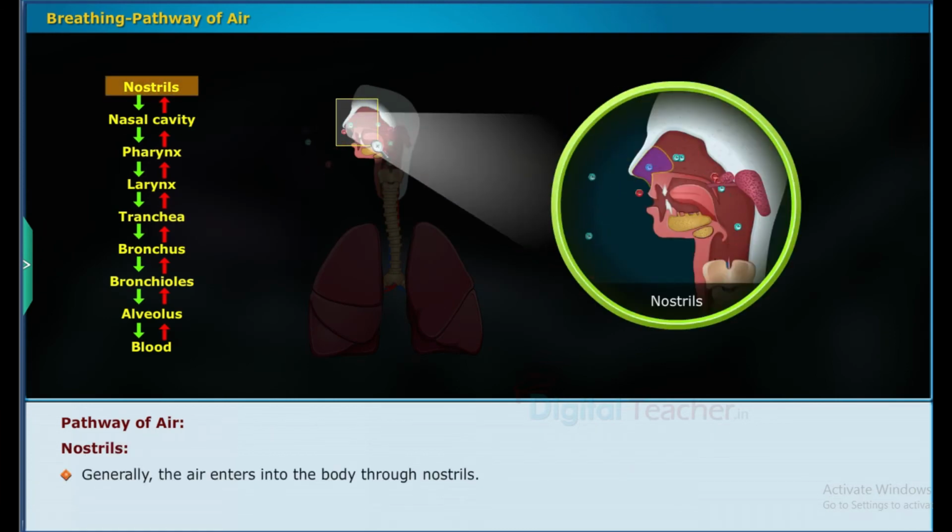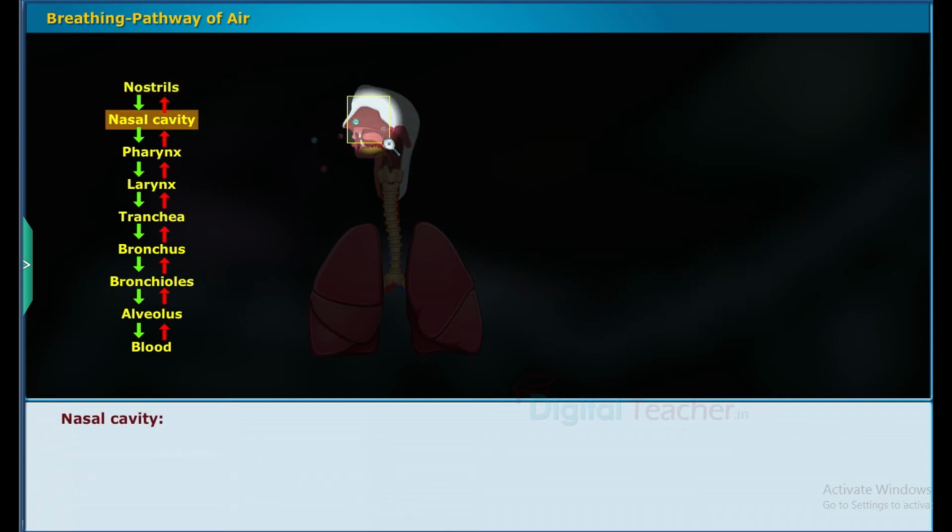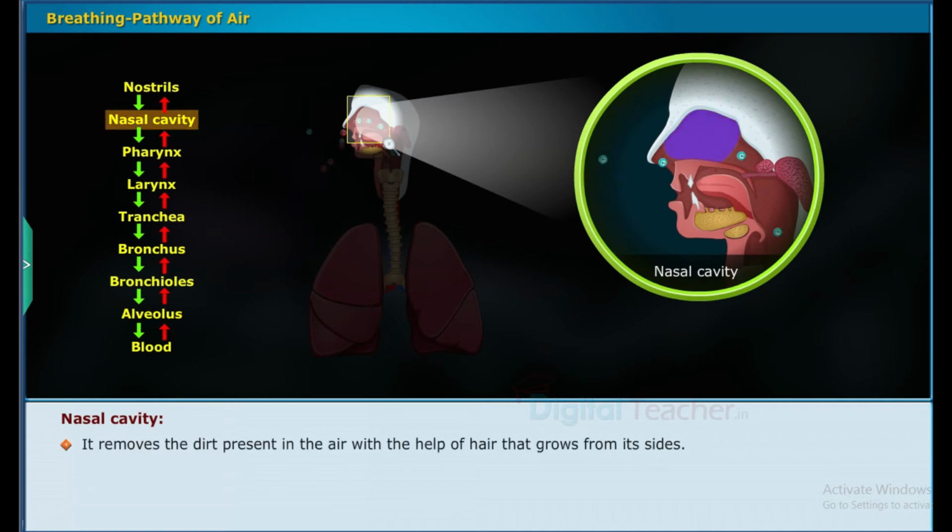Generally, the air enters into the body through nostrils. Nasal cavity. It removes the dirt present in the air with the help of hair that grows from its sides.